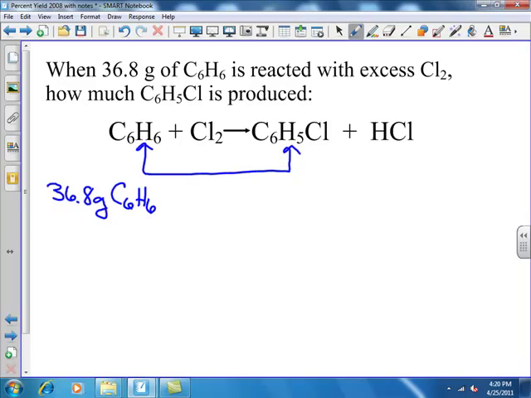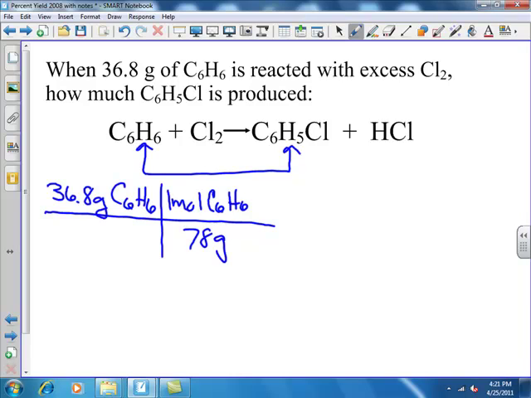So when I'm setting this up, I have 36.8 grams of C6H6. I need to change that to moles. My mole ratio is pretty simple in this one. It's a 1-to-1 mole ratio.